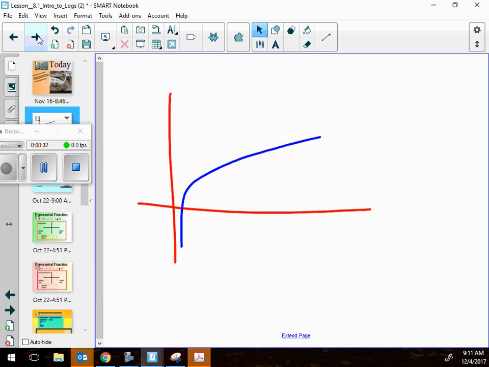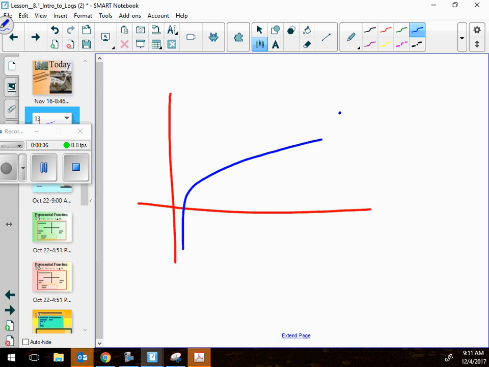So I was going to show you, this is a log graph. That is y equals log base 10 of x. Now, if I make it a different base, that's really the only thing you could do if you're going to graph this with an x right here in the argument spot. In case you forgot, that's called the argument. This is called the base.